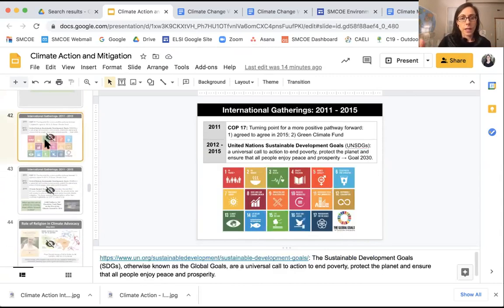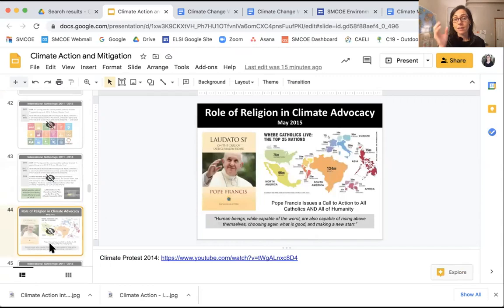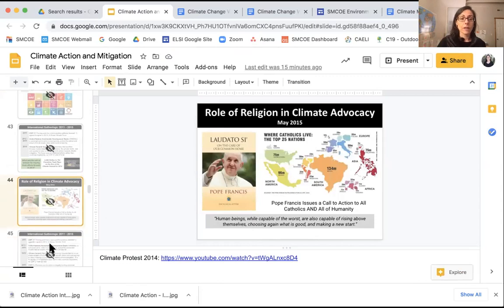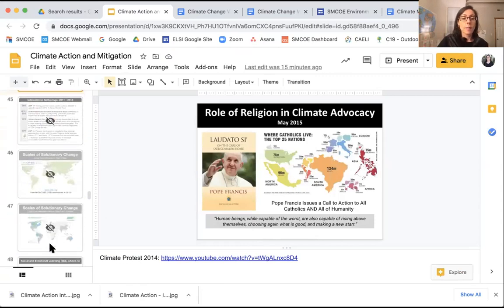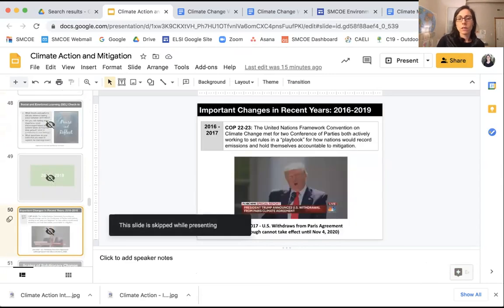And then getting up to the United Nations Sustainable Development Goals. I mentioned religion a bit back, and that's because the Catholic Church in particular played such a key role around 2015 in getting more climate advocacy around the world. And then there are some more details about trends and patterns that you've already seen.